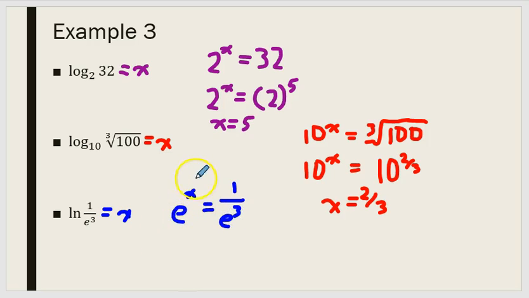It doesn't really matter though. We want to see if we can rewrite both sides as e to a power. So the left side is fine as is. But here it's handy to remember that negative exponents can be used to flip something from the bottom to the top of a fraction. So 1 over e cubed is actually the same as e to the negative third power, which means that now I have x equals negative 3.